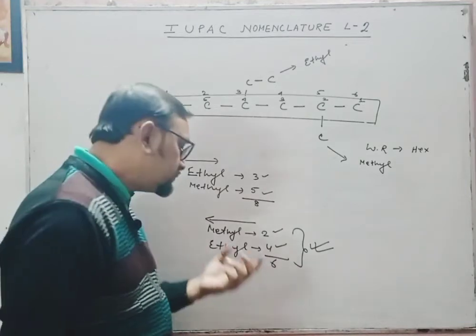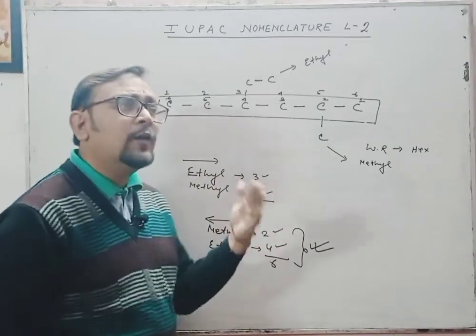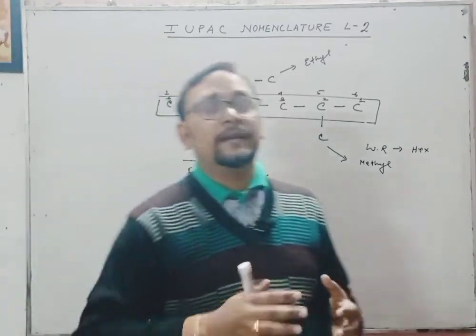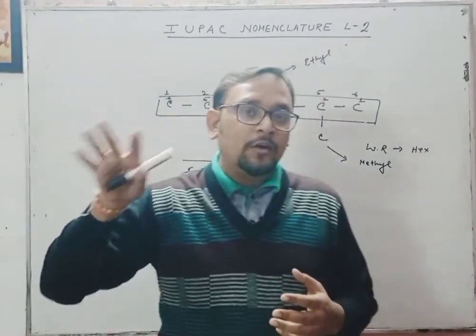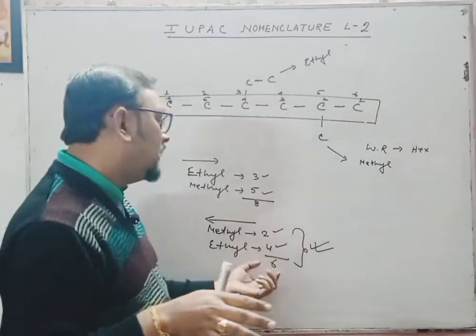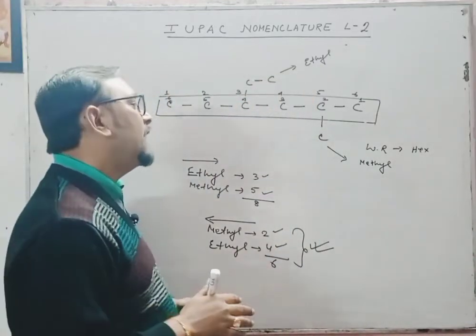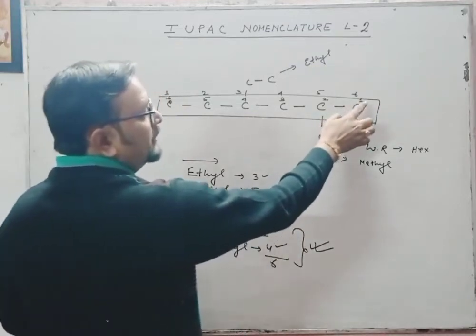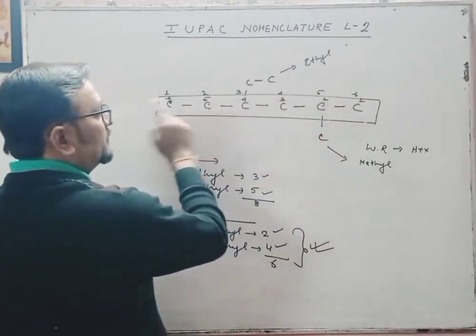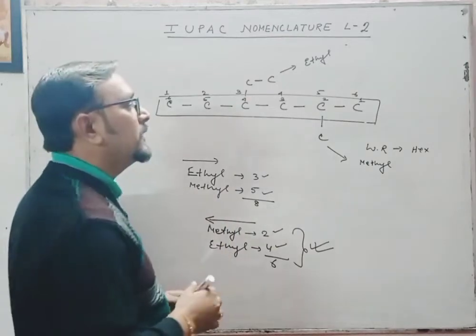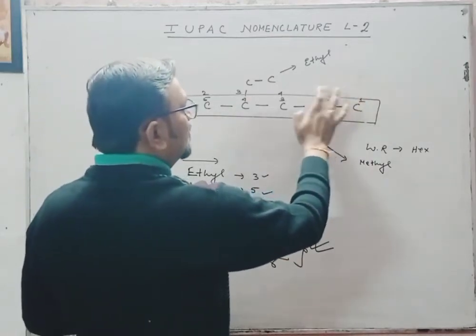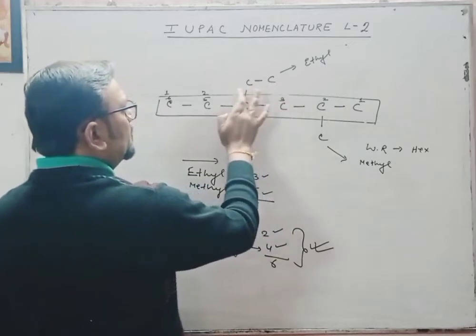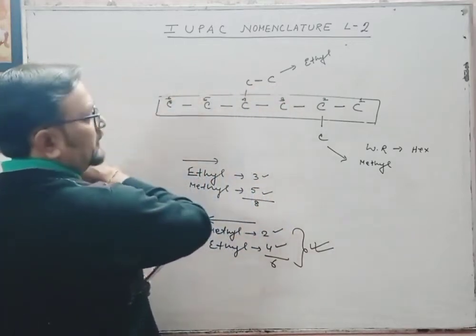Understood? So if you are getting different substituents having different locants, always go by the minimum summation rule. In that case I will follow this numbering pattern, which means 1, 2, 3, 4, 5, 6. This is the correct numbering pattern. So I am erasing the top one in this case.